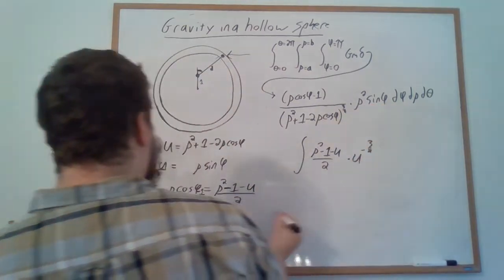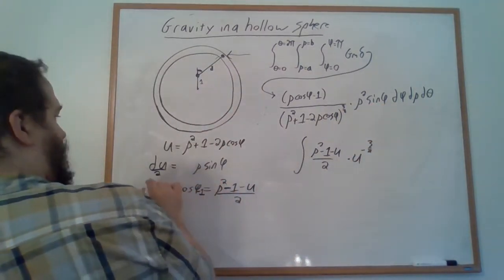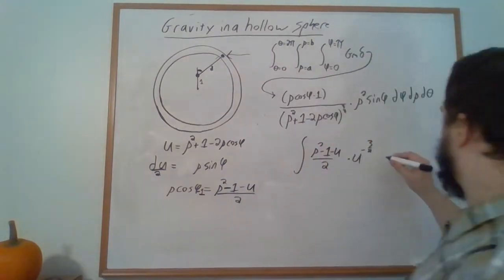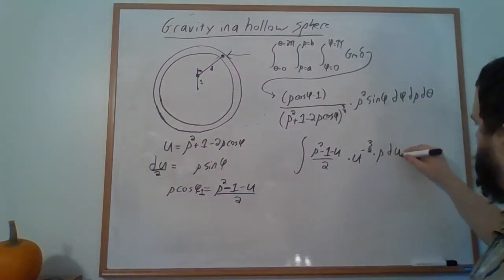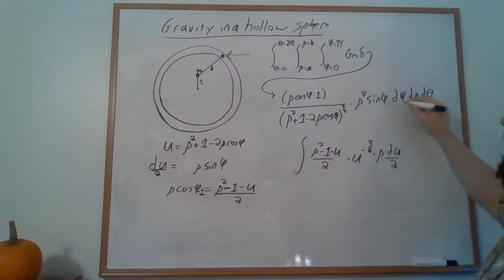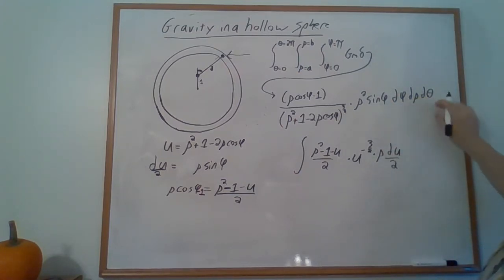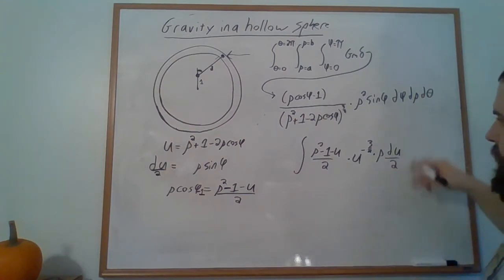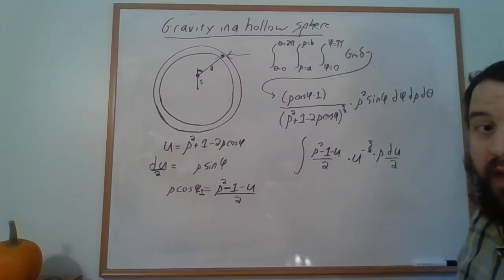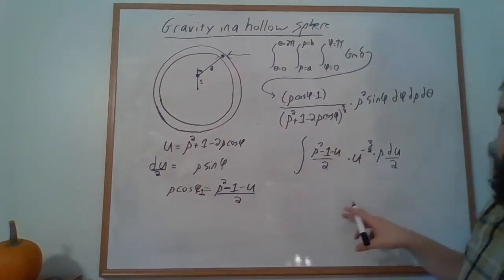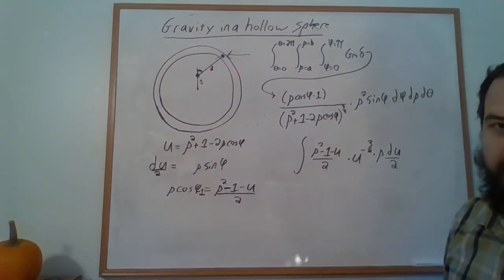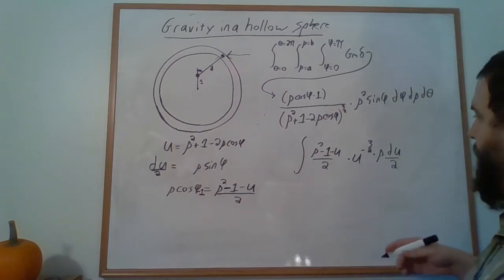This term here is a rho times du over 2. And then we'll deal with d rho, d theta later, and we'll also deal with plugging in the bounds for phi later, once we do our u-substitution and then convert everything back to being in terms of phi.